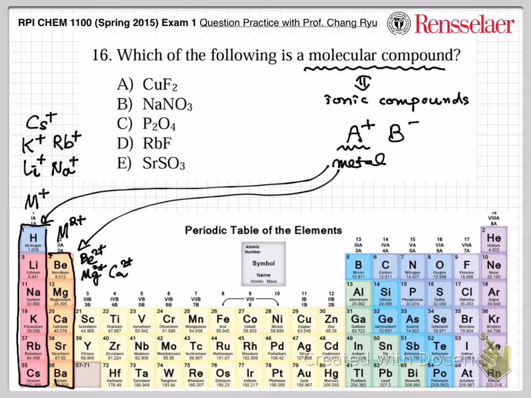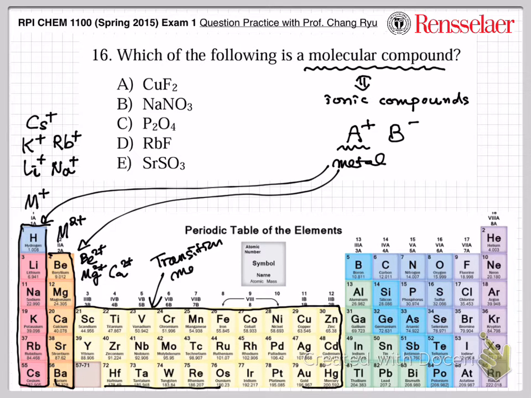And the ones shown in this yellow box, this is what we call the transition metal. And this transition metal has multiple oxidation states, but still a metal is a metal.